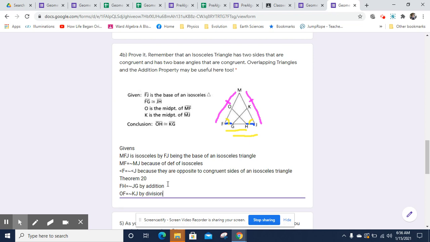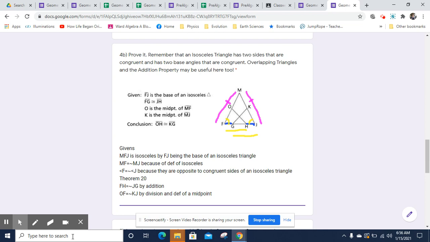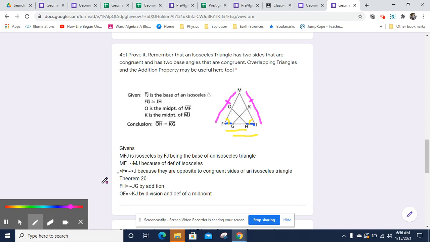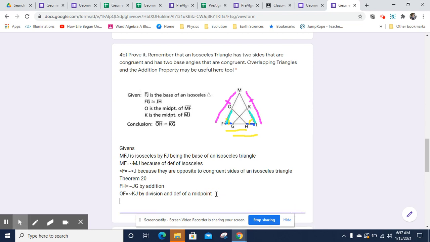So because of the definition of a midpoint, a midpoint means that we would be dividing congruent things in half and getting congruent quotients. So once we've done that, now we have enough information to prove that these two triangles are congruent.